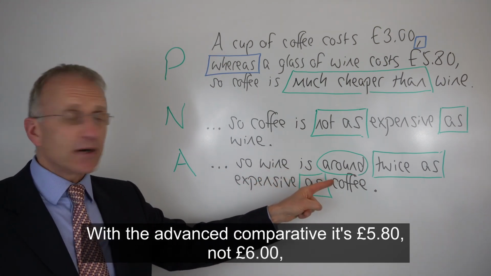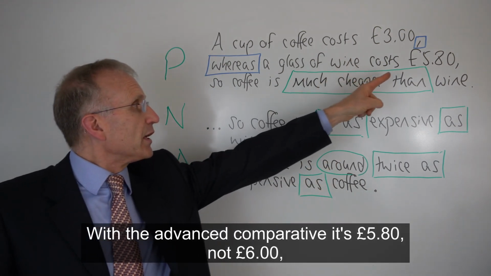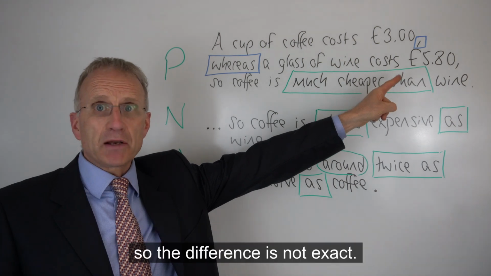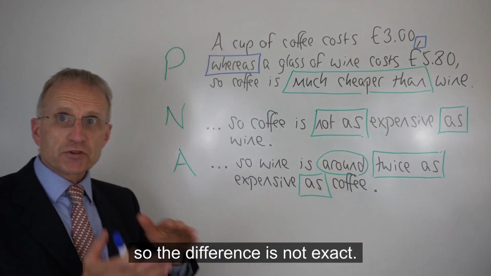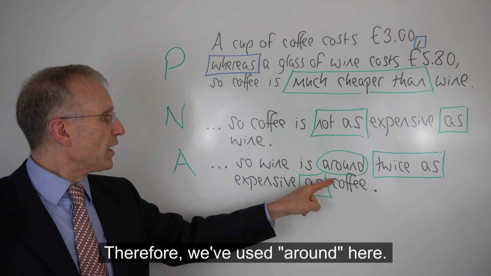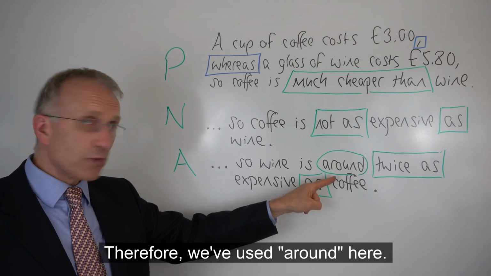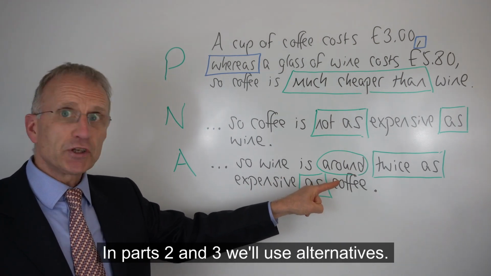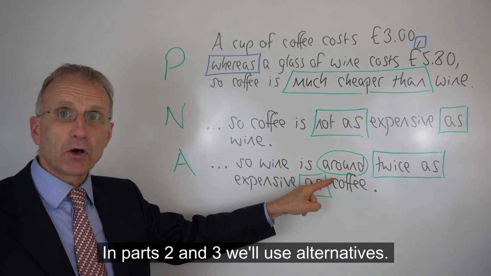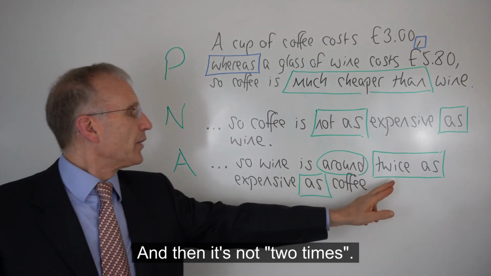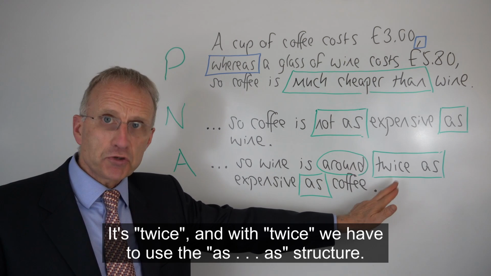With the advanced comparative, it's £5.80, not £6, so the difference is not exact. Therefore, we've used around here. In parts 2 and 3, we'll use alternatives. And then it's not 2 times, it's twice.